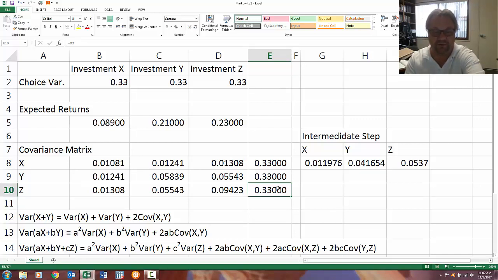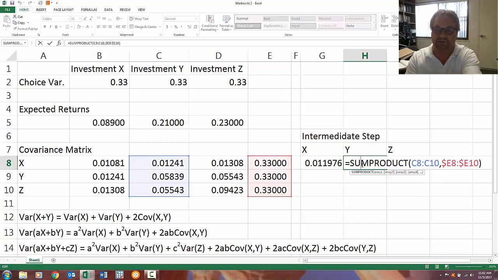So I've got part of this, and part of this, right? And then in this one, I have A times the covariance of x and y, so that's right here. B times the variance of y, that's one of these. And then C times the covariance of y and z, so that's one of these, okay?